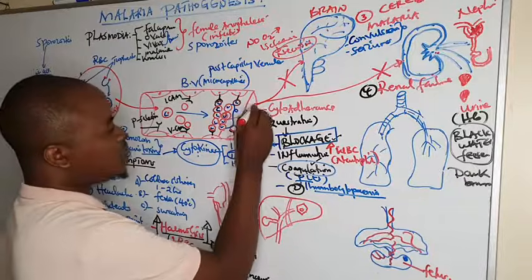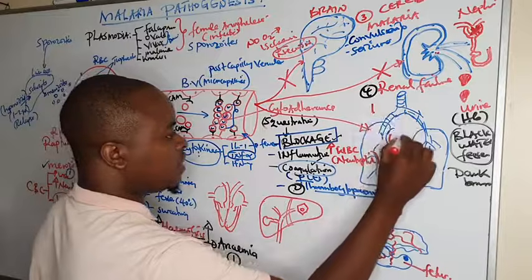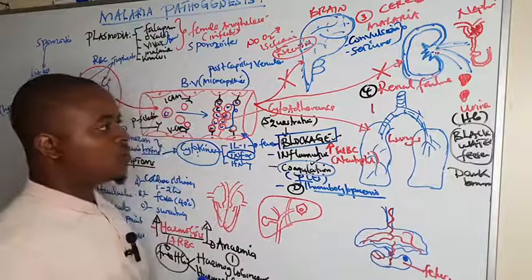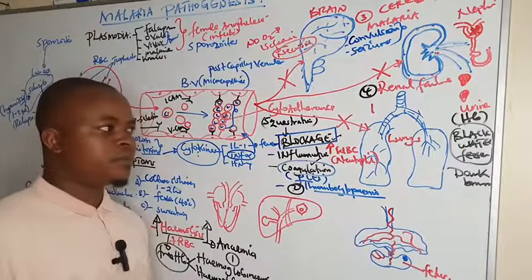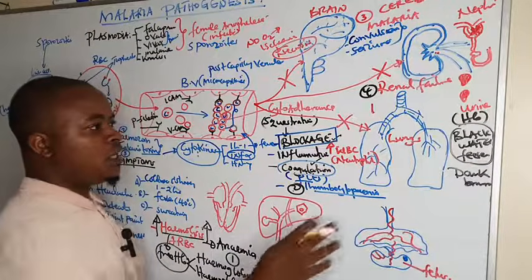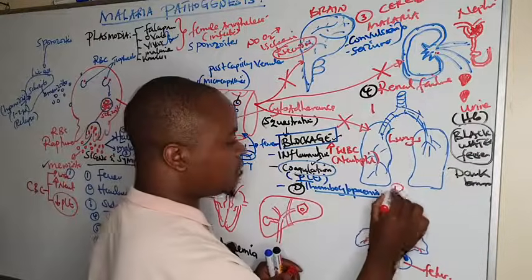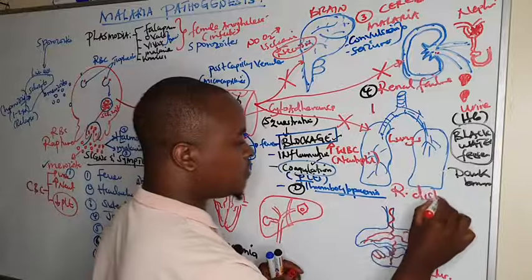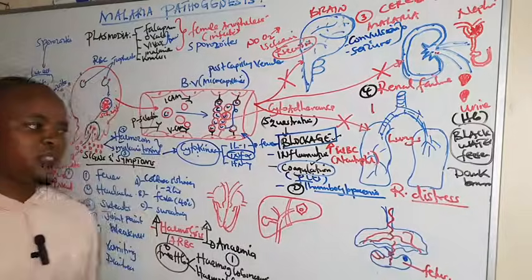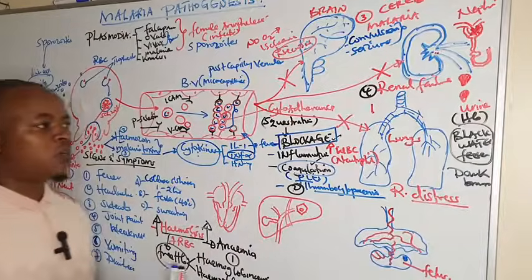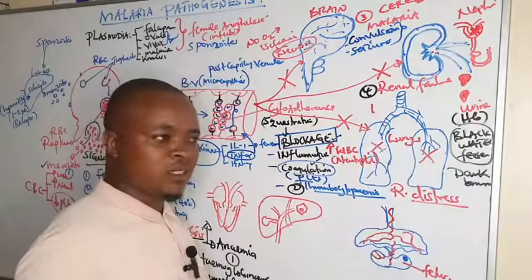Suppose this capillary is supplying the lungs. These are the lungs. If it is blocked, it is going to lead to tissue hypoxia, that is lack of oxygen, leading to necrosis of the lungs, and it will result in respiratory distress, whereby there is difficulty in breathing and sometimes wheezing because of the destruction of the parenchymal cells of the lungs.